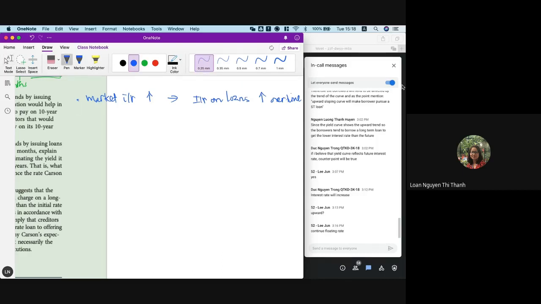So do you think Carson may be willing to lock in the long-term debt by issuing a 10-year bond? Or do they prefer floating rate loans and accept the uncertainty?